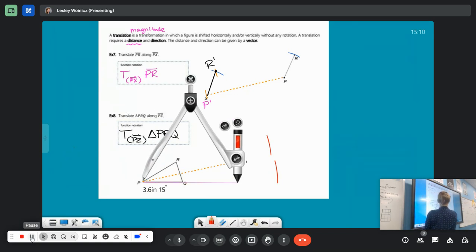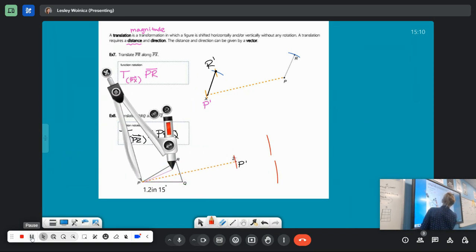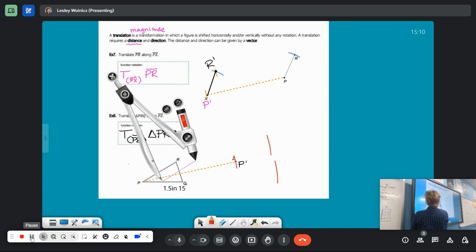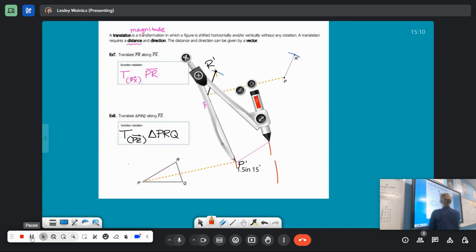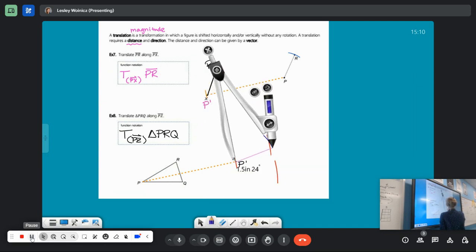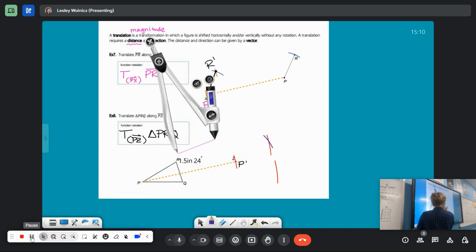So I'm using my compass to copy the distance from P to R. Copying that distance from point P prime and seeing where that intersects with my vector length. Okay, that is my location of R prime.